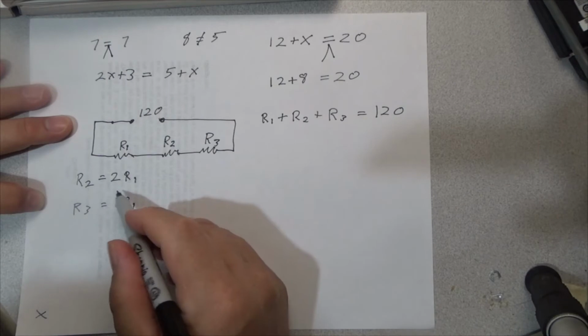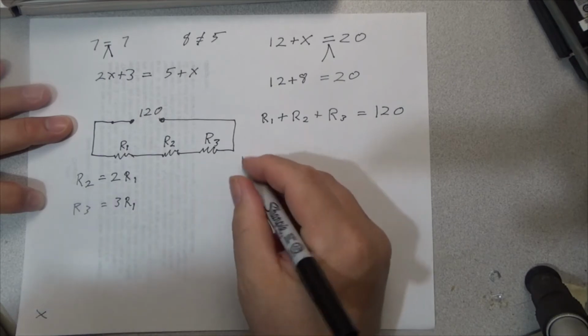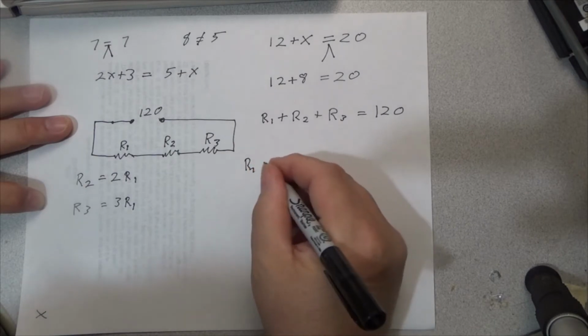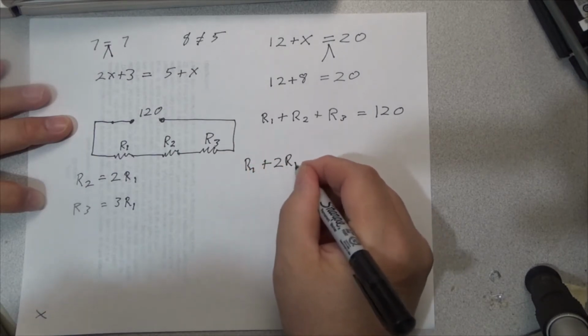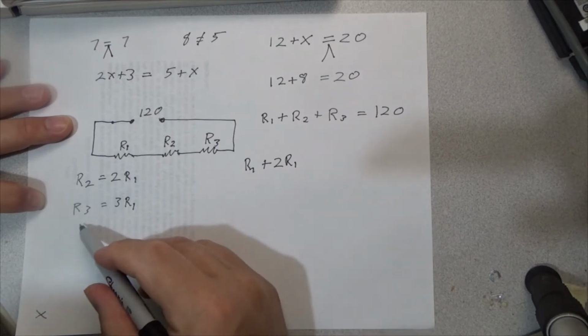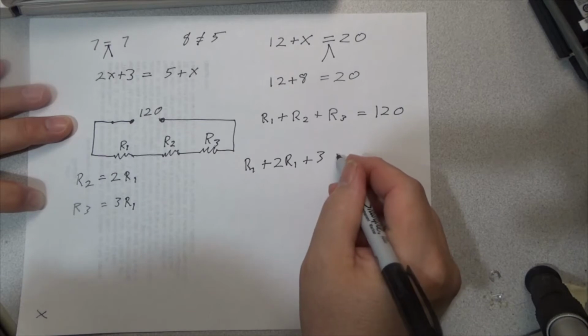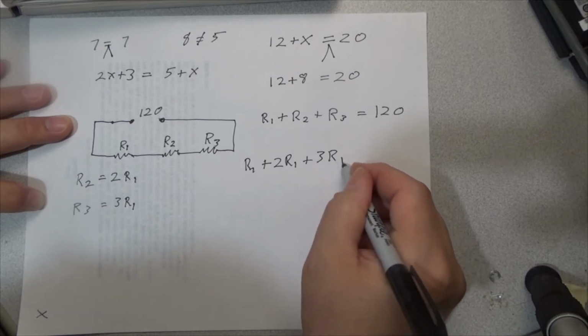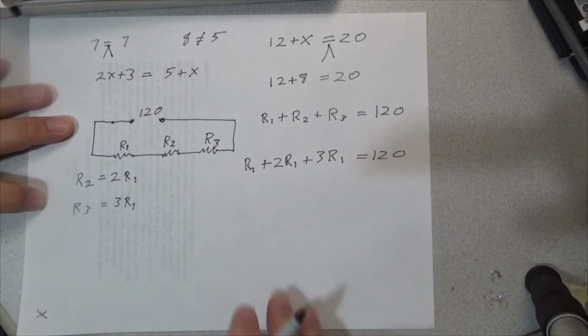So if I substitute for R2 and R3, I'll write R1 first, plus R2, which we know to be 2 times R1, then plus R3, which we know to be 3 times R1, and that's going to be equal to 120.